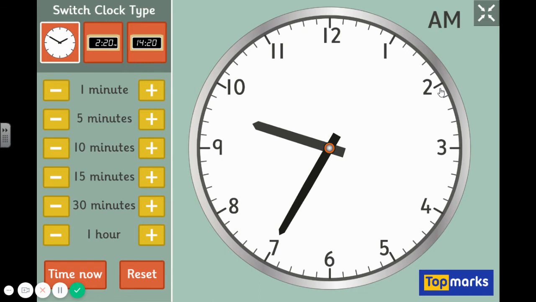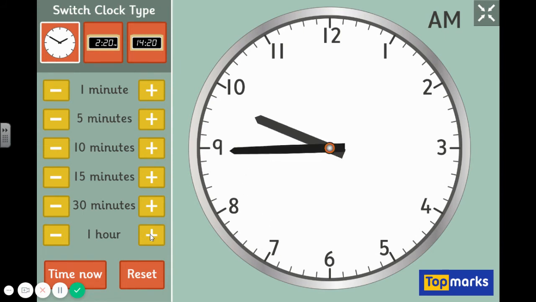So what we know is we need to add 60 minutes to it, which will give me 1 hour. So basically the minute hand will go all the way around and come back to 7. So over here, because I've got my clock here, I can add 1 hour.